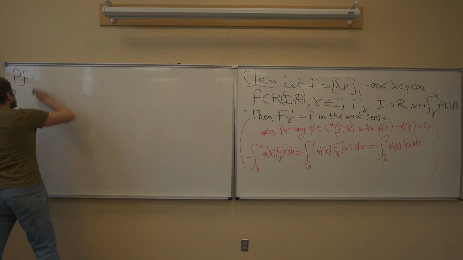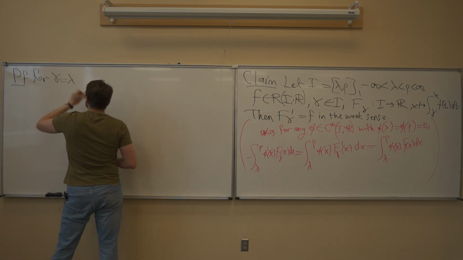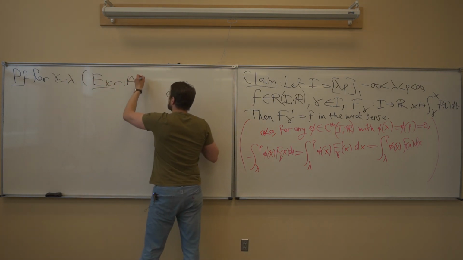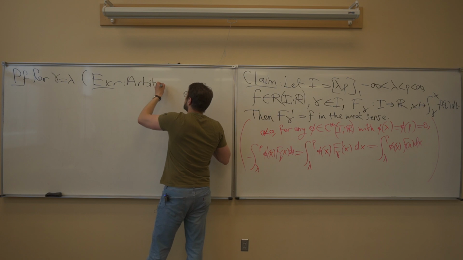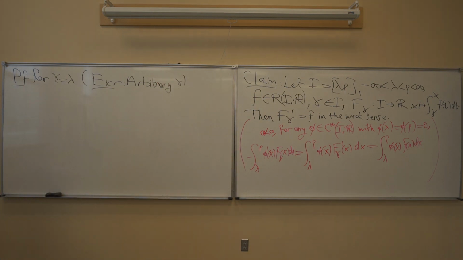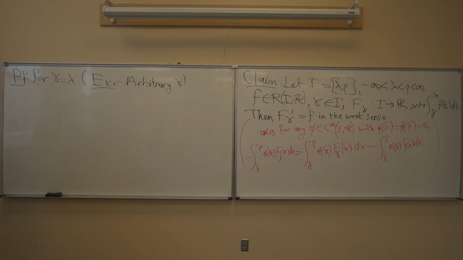Proof for gamma equals lambda. So I'm taking the integral starting from the left end point. And the arbitrary gamma case I'm going to leave to you. It's a nice exercise.